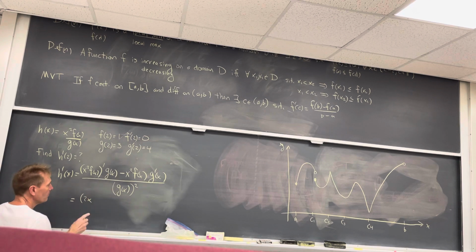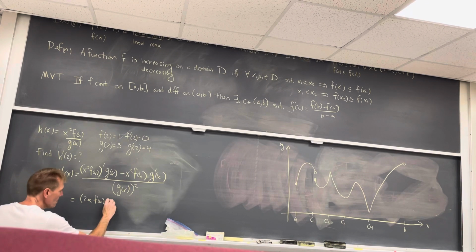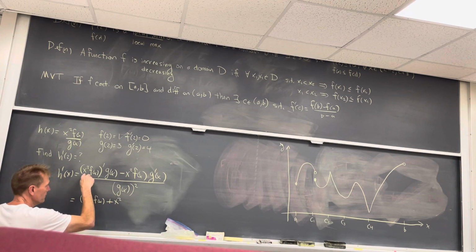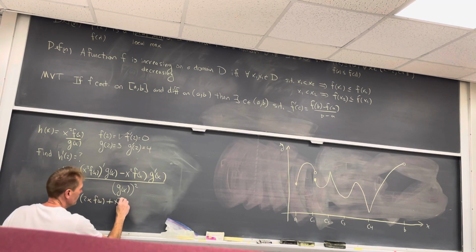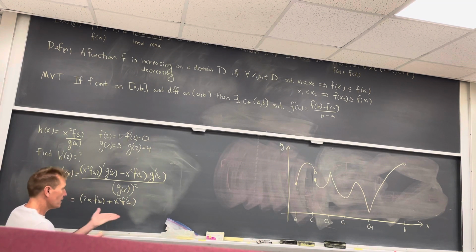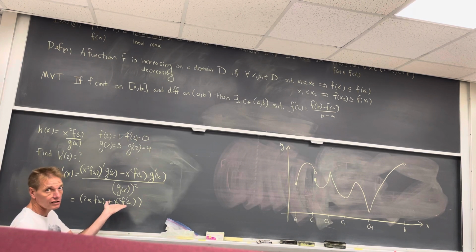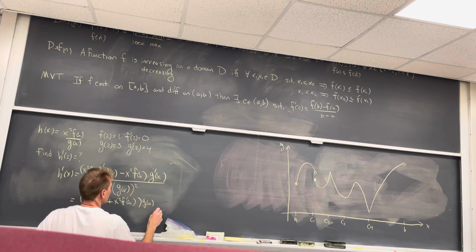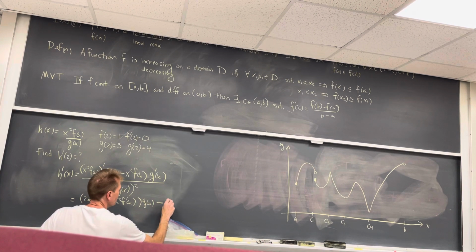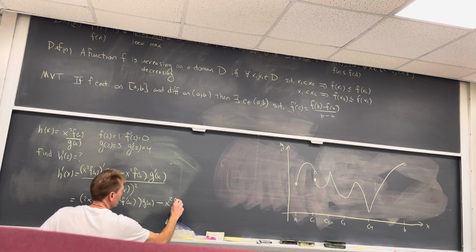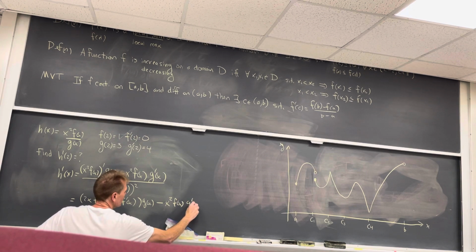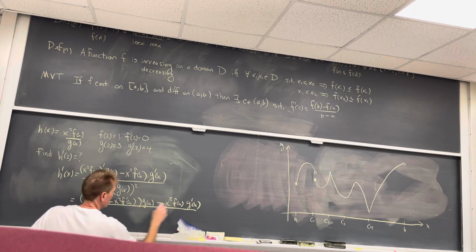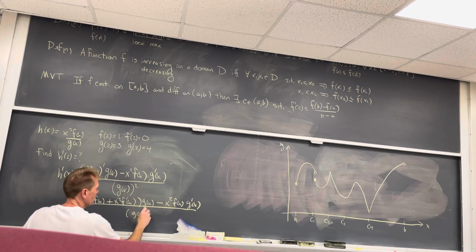Now remember, it's going to get multiplied times the g of x, so I'm going to keep these parentheses. 2x times f of x plus x squared, the first times the derivative of the second, f prime of x. And notice I can't do any better than f prime of x because I'm not given f of x. This is times g of x minus x squared f of x times g prime of x, all over g of x squared.